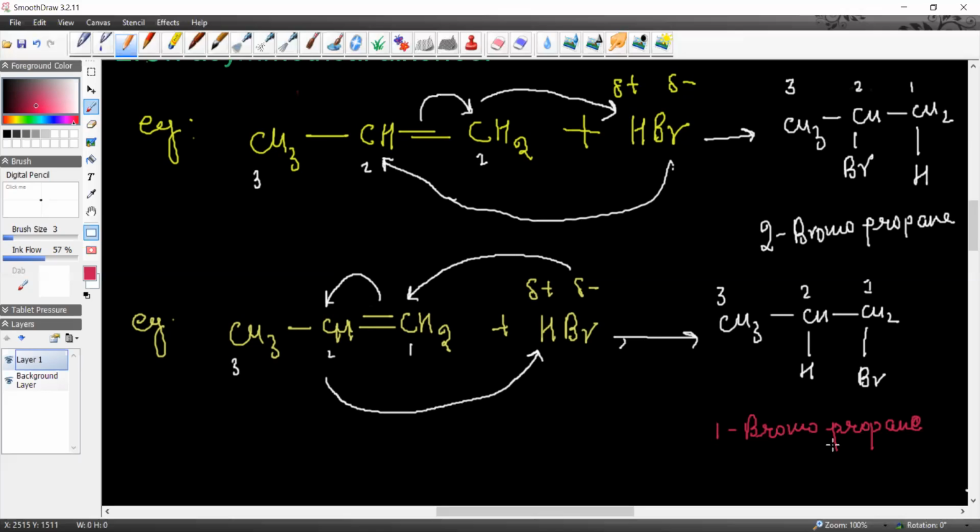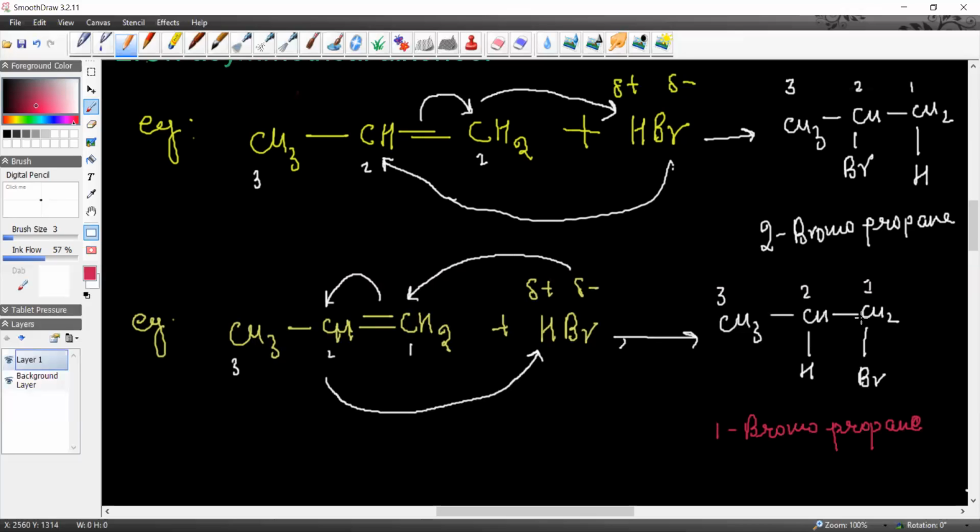So here in both situations, the final products are different. But in the case of a symmetrical alkene, the final products are the same. So now we are in a perplexed situation.